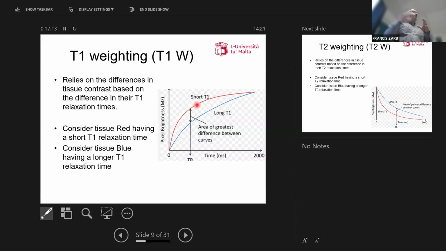With regards to those tissues, if I want to have a difference in signal based on T1 relaxation time, I need to take it somewhere there, where we have the greatest difference in signal intensity between the tissues, based on T1.